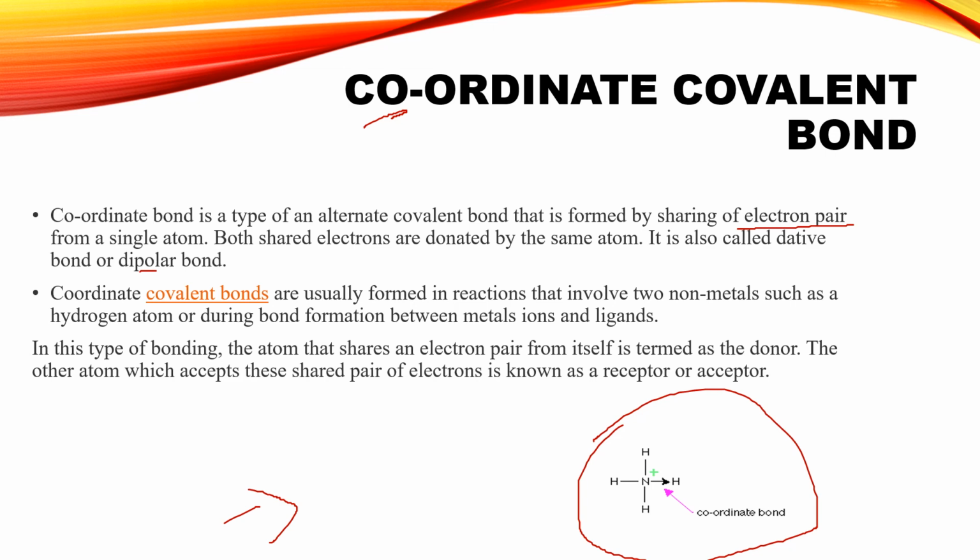And coordinate covalent bond is sharing of their electron pair from a single atom, બરાબર? તો એને શું કહેવાય? Coordinate covalent bond. અને લુઇસ ડાયાગ્રામ ને ડોટ વડે દર્શાવાય, બરાબર? હવે આપણે નેક્સ્ટ લેક્ચરમાં જોશું હાઇડ્રોજન બોન્ડ અને એના પછીનો ટોપિક, રાઈટ?